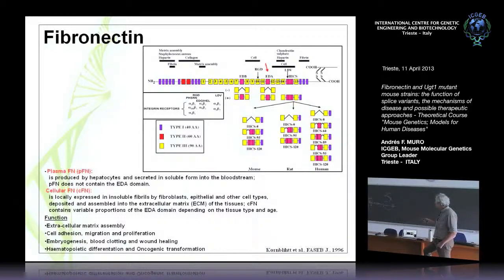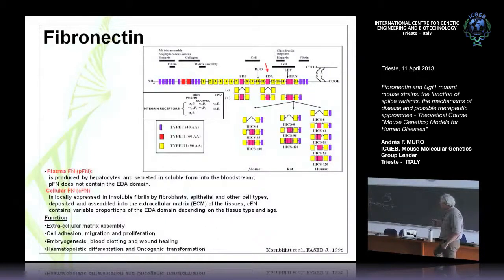This exon is called EDB, this one EDA, and this is IIICS, the type III connecting segment. In different species there are different numbers of variants. All 3 regions undergo alternative splicing in an independent way. So in humans, we have at least 20 different protein isoforms.